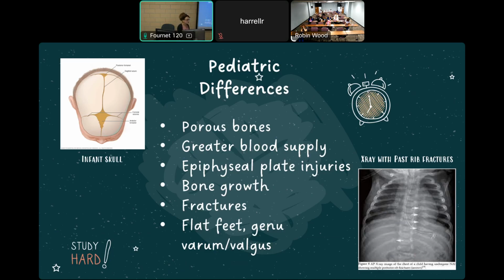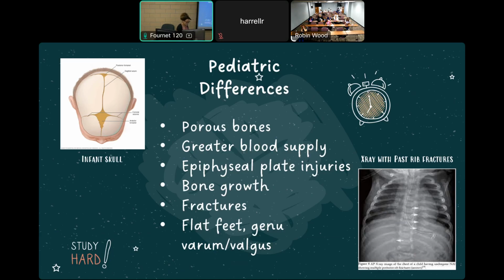That can be a catch-22, because if we have a break that we don't get set in time and it starts healing, then we've got malunion and things like that. But greater blood supply typically will heal faster.